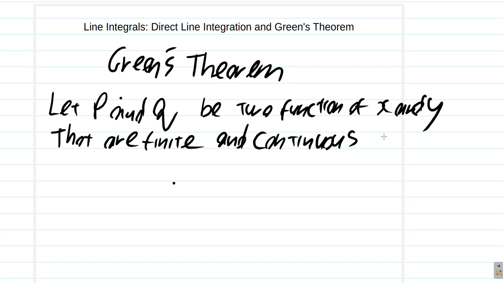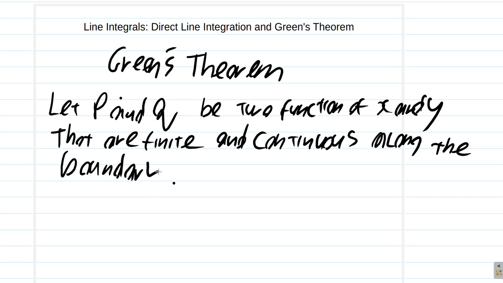Nowhere in the function are you being forced to divide by 0 or anything like that, so you have to skip over it. It's continuous along the boundary, which would be the curve itself.